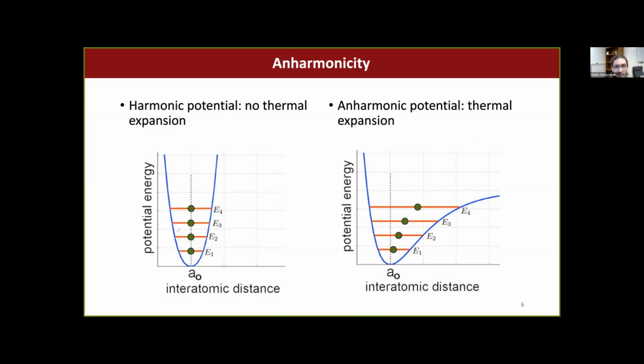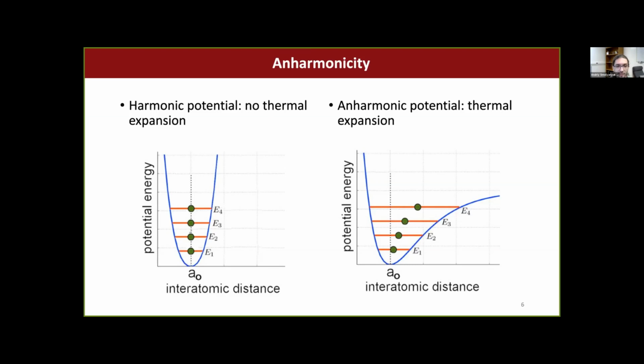These horizontal lines correspond to different temperatures, so the higher you go, the higher the temperature is. As you can see, the atom moves to the right and to the left with the same amplitude, and on average, no matter how high the temperature is, it stays in the same position.